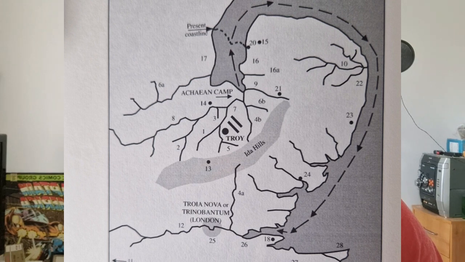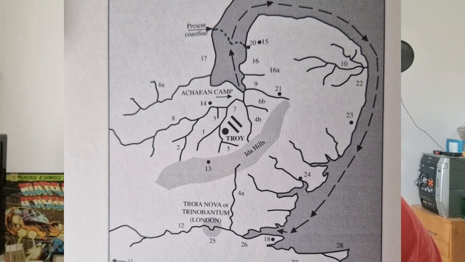Number 3, we have Caresus or Cardyke, and it's got river with an exclamation mark in brackets. 4A, Rhodius, which is Roding. 4B, Kenneth. 5, Granicus or Granta. 6, Aesepus or Issy. 6B being Lark. 7, the Scamander or Cam.